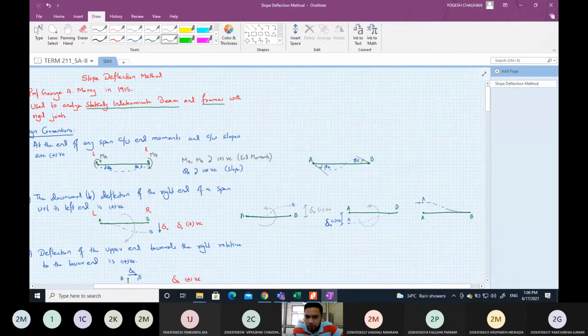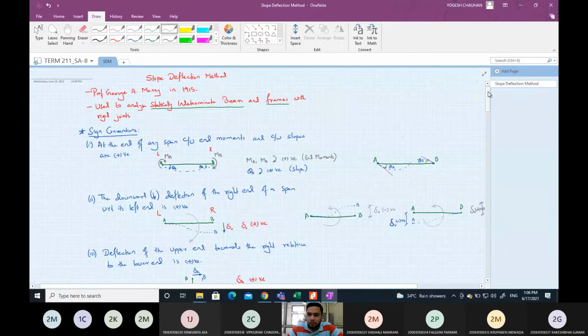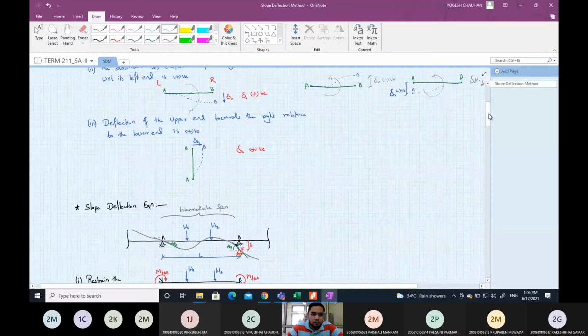So in this case, this delta will be positive, because this deflection tends to rotate the beam in clockwise direction. Okay, so the deflection which tends to rotate the beam in clockwise direction is positive, and the deflection which tends to rotate the beam in anti-clockwise direction is negative. Clear?